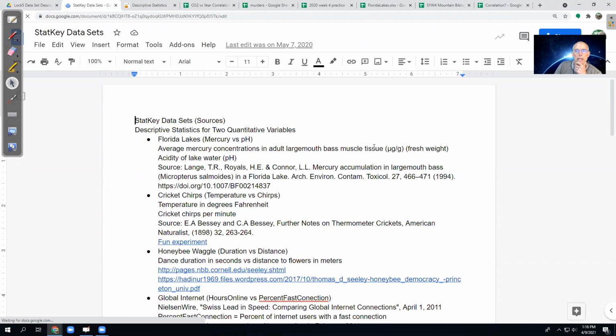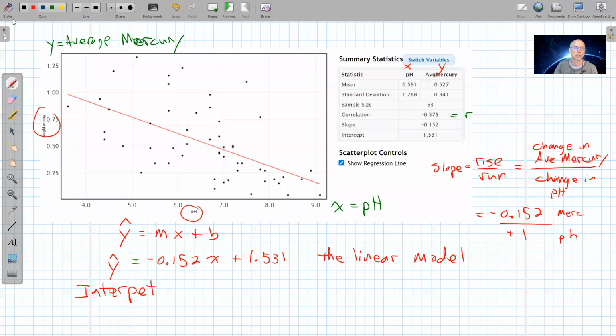It's micrograms per gram in the tissue, and it was largemouth bass that they caught. So I had to look this up. They talk about this in the book about how it was measured. And if we don't have that, then we just kind of have to fake it. But it's micrograms of mercury per gram of muscle mass in the fish.